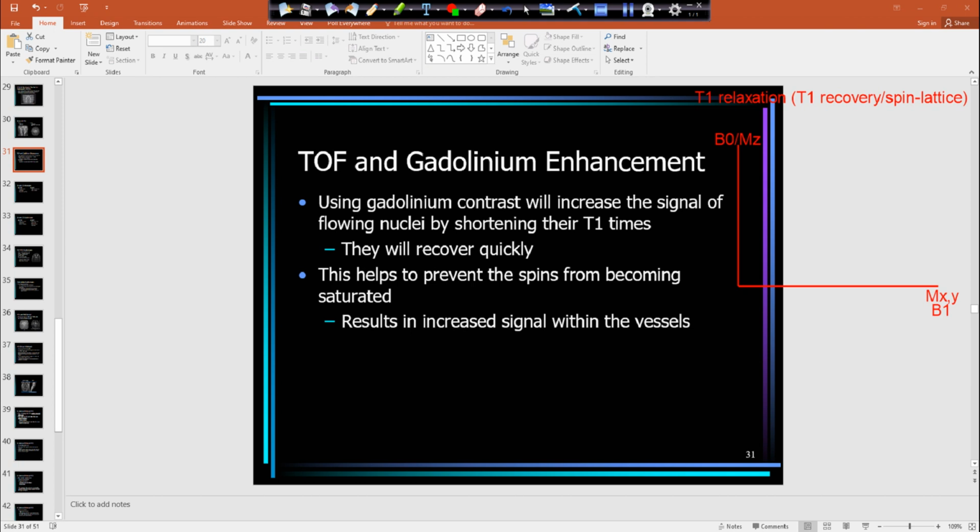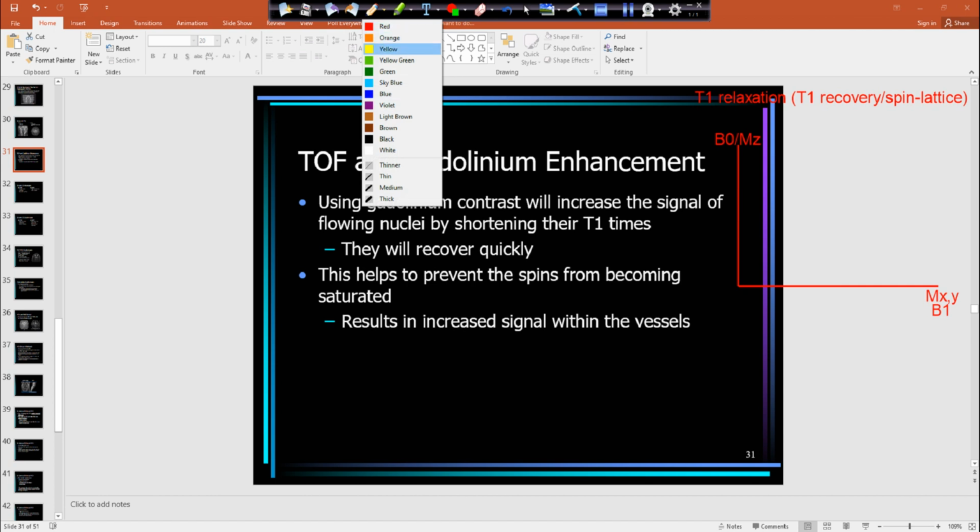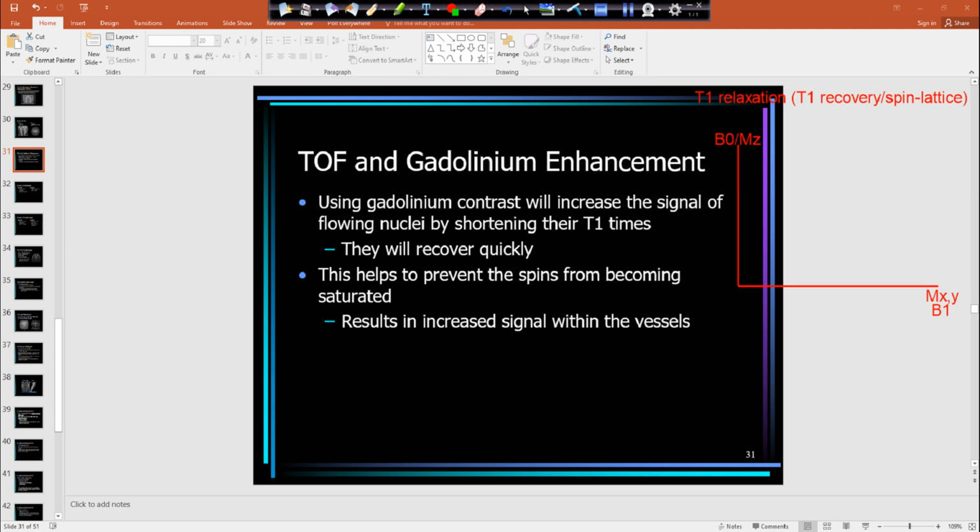All right, so normally, let's use the pencil here. Let's say our pathology is going to be blue. So we have some cancer, some tumor. It recovers like this, up to full recovery, which is 100%.